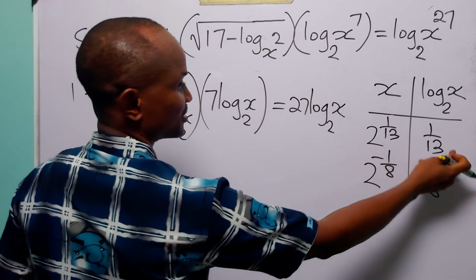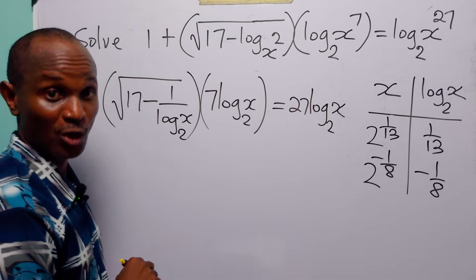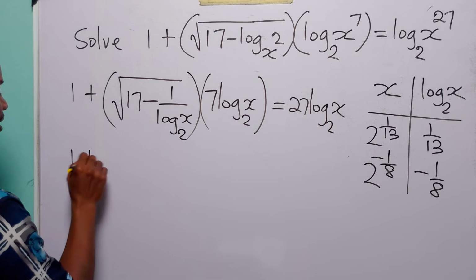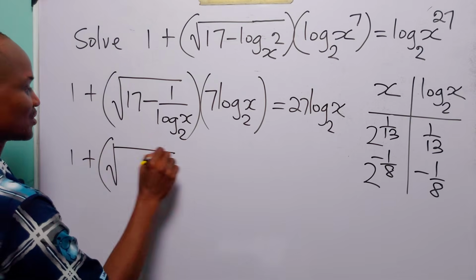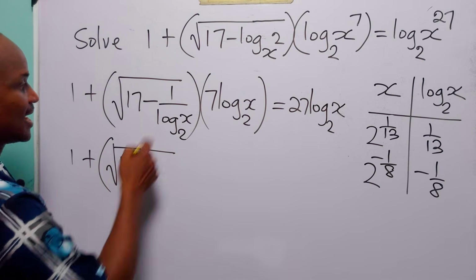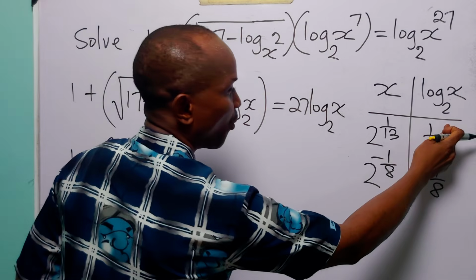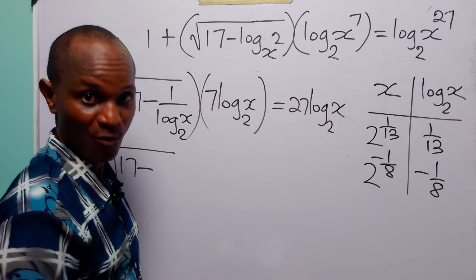Now let us substitute these values of x and log base 2 of x into this equation. We have 1 plus the square root of 17 minus, here we have 1 over log base 2 of x. That is 1 over 13.